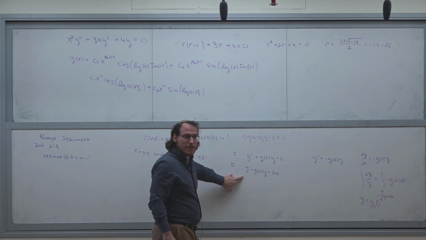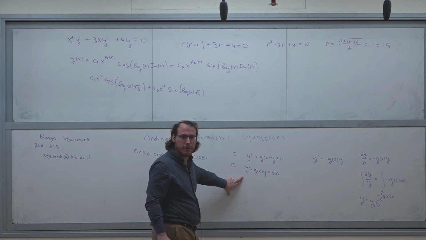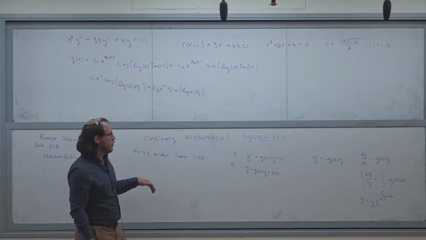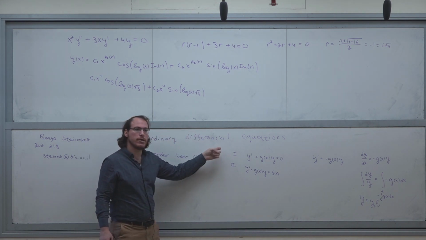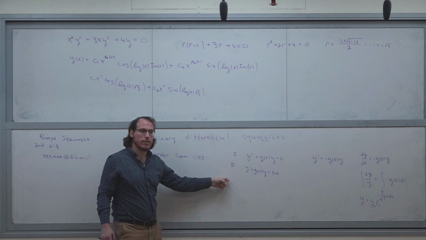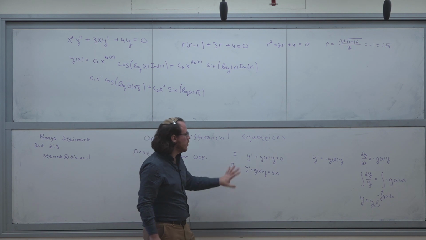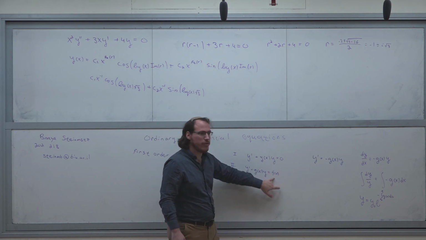This is also solvable, but a bit more difficult. So we would try to use our knowledge from the previous case to solve the second case, because we know what would happen if this would be 0, right?